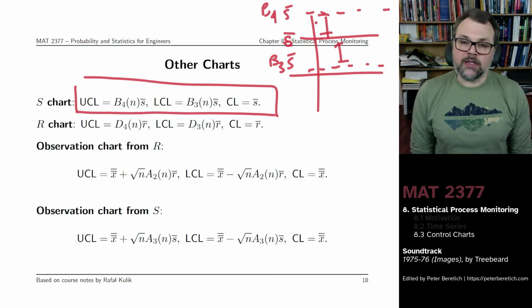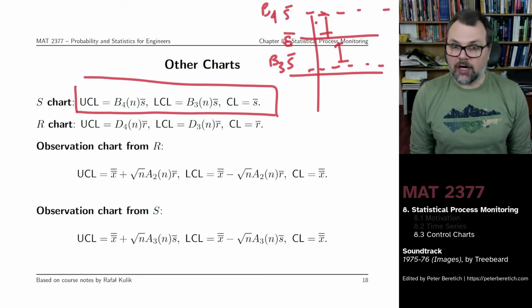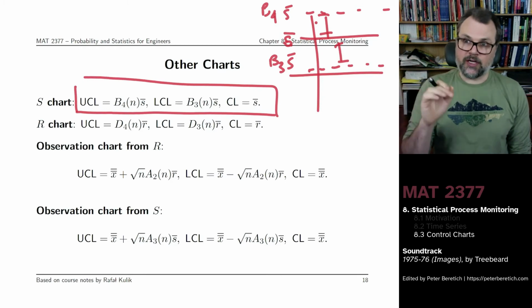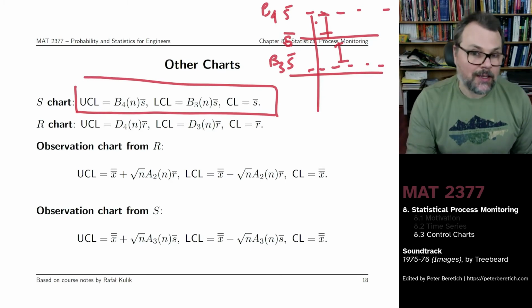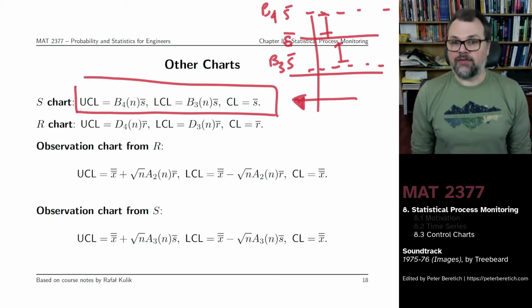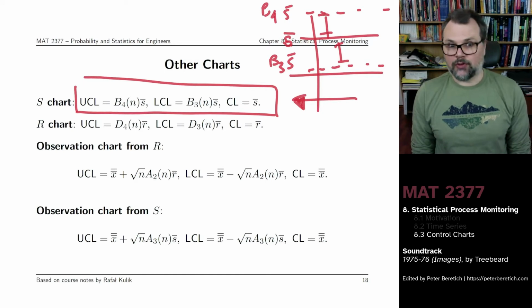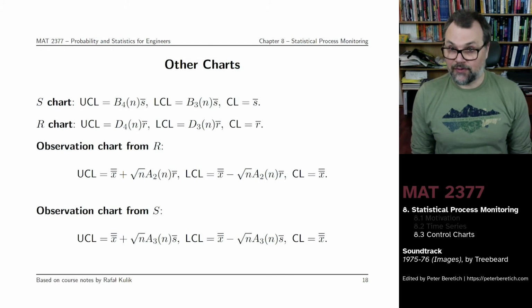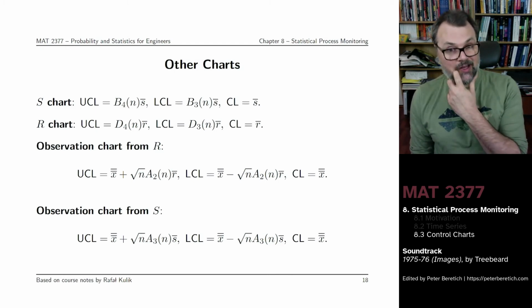So when you build a sample mean chart, an X bar chart, either from the sample standard deviation or from the range, you have to have a symmetrical upper control limit and lower control limit. This is not the case for the S chart. If you're monitoring the sample standard deviation, it's conceivable that you will not get a symmetrical chart. If instead you're monitoring the range of the observations, you also get potentially a non-symmetrical chart.